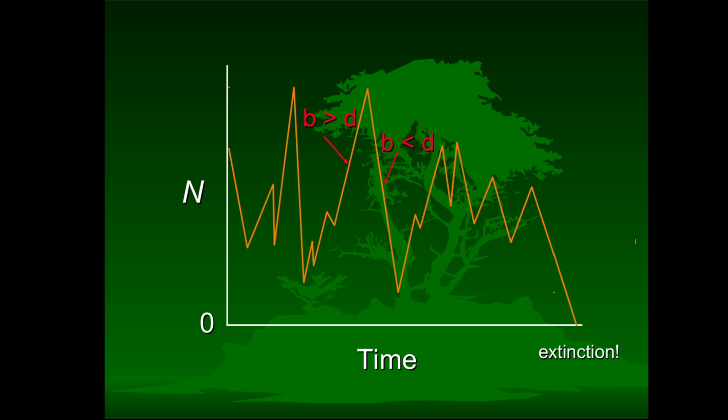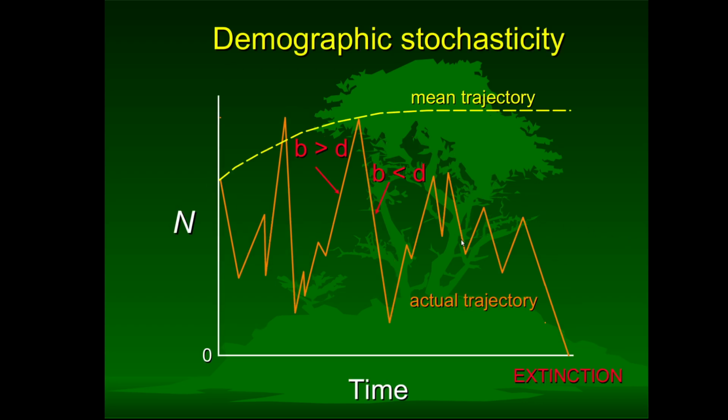They can easily go extinct just due to chance. So even if you calculate the mean trajectory of the population and say, okay, on average, we predict this population should be increasing, nevertheless, you can have random fluctuations causing extinction, even if the mean predicted trajectory is positive.